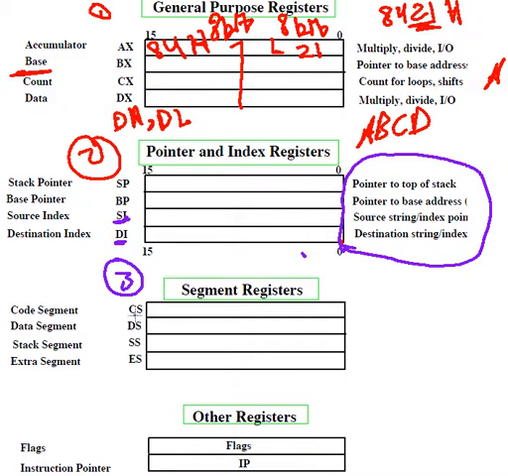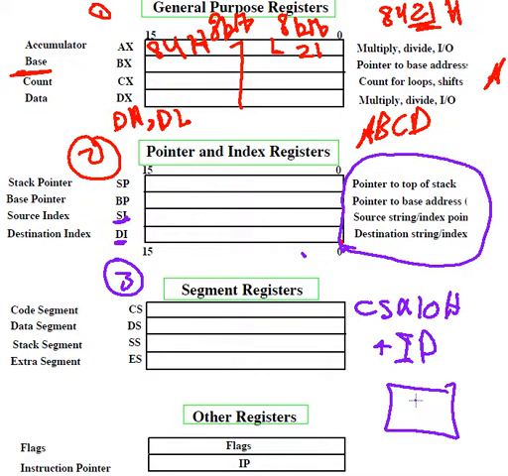For example, we take CS, multiply it by 10 hexadecimal, and then add, for example, IP. So we get the effective address.